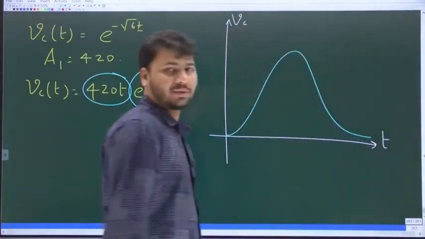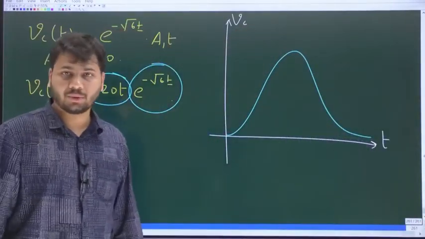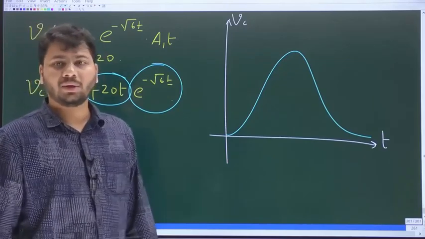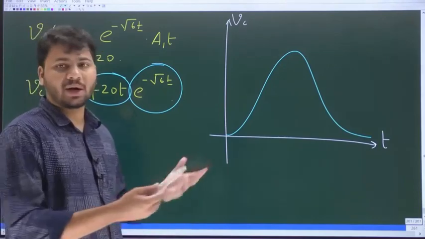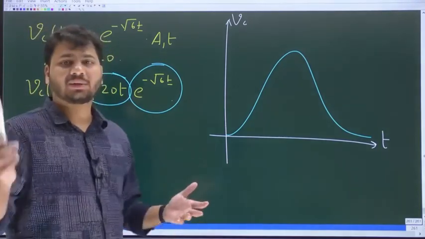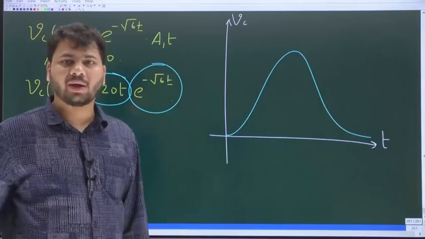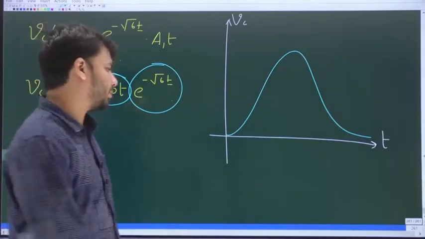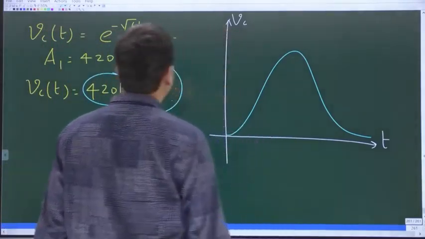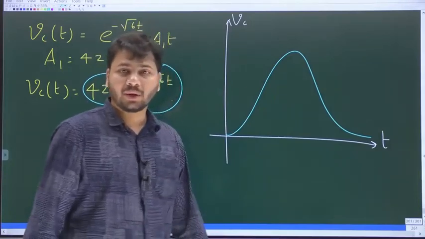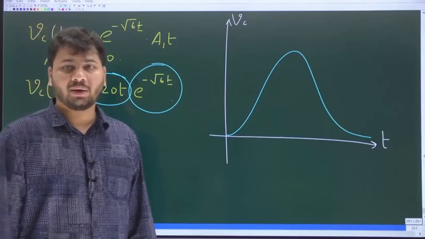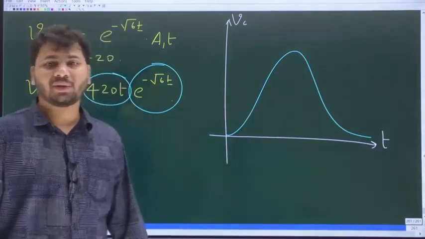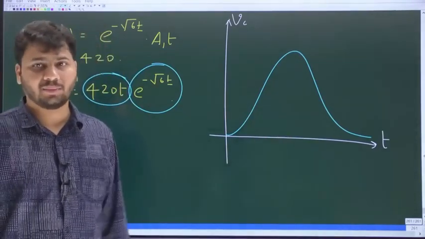Now the value of R is 7 root 6 by 2 ohms. The response is the same. Initially it starts from 0, it increases, reaches a maximum value, then again exponentially decays to 0. That's the kind of response we get when the system is critically damped. So the shape is the same as overdamped.